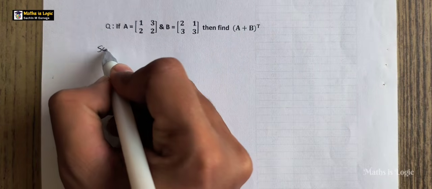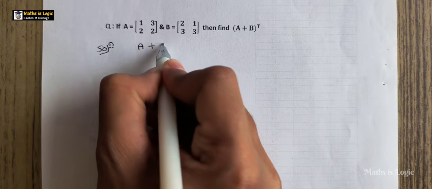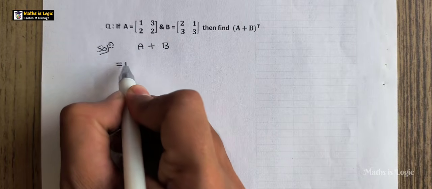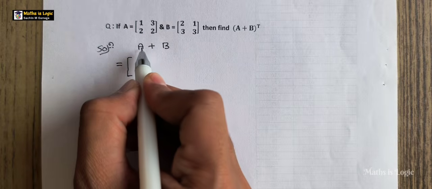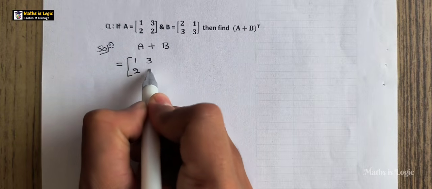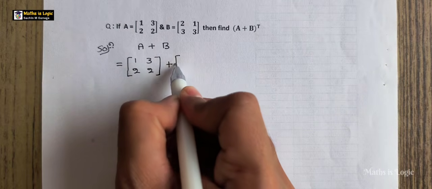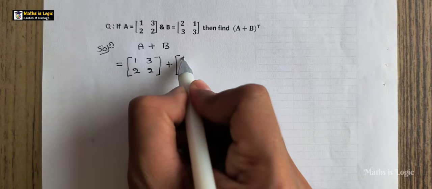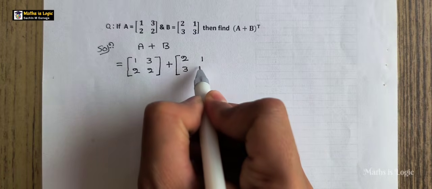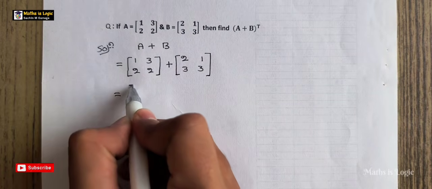Therefore in the solution write here A plus B first, which is equals to, first A value, what is that A matrix value? 1 3 2 2. Next plus, keep it as it is. Next B matrix value 2 1 3 3. Now add these two matrices.